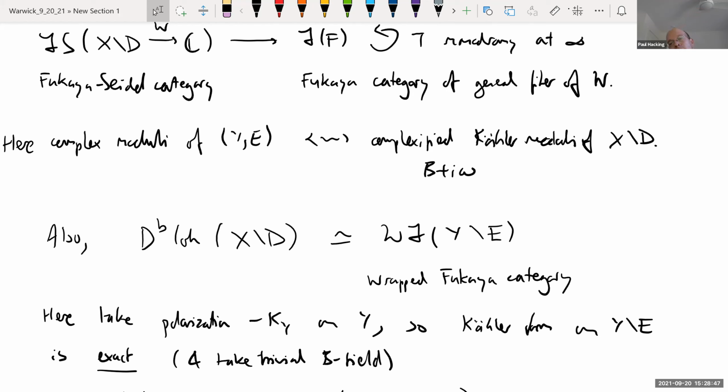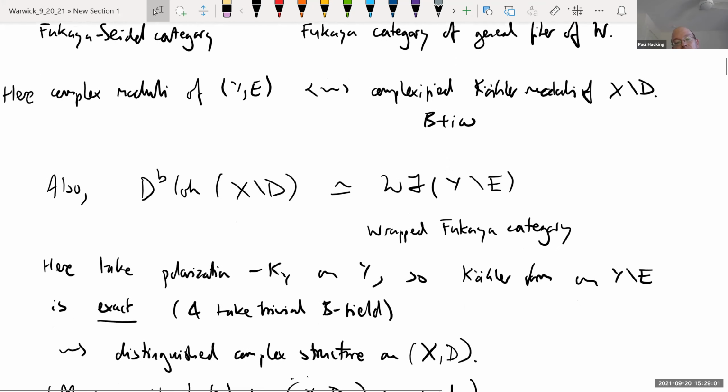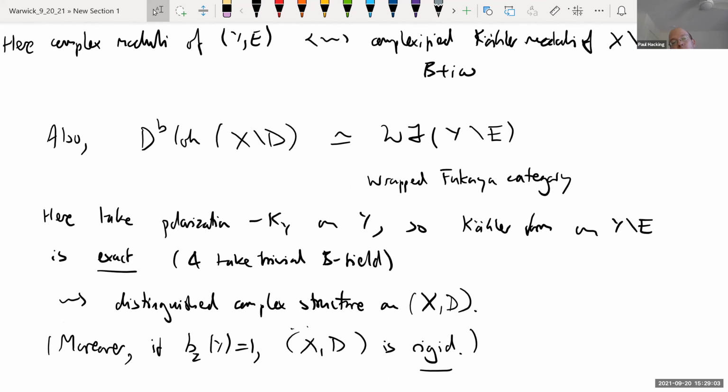And we take the trivial B field. So the symplectic structure on Y minus E is completely determined. Therefore, on the mirror side, the complex structure on X should be completely determined as well. So we have a distinguished pencil of K3s associated to a deformation type of Fano threefolds.